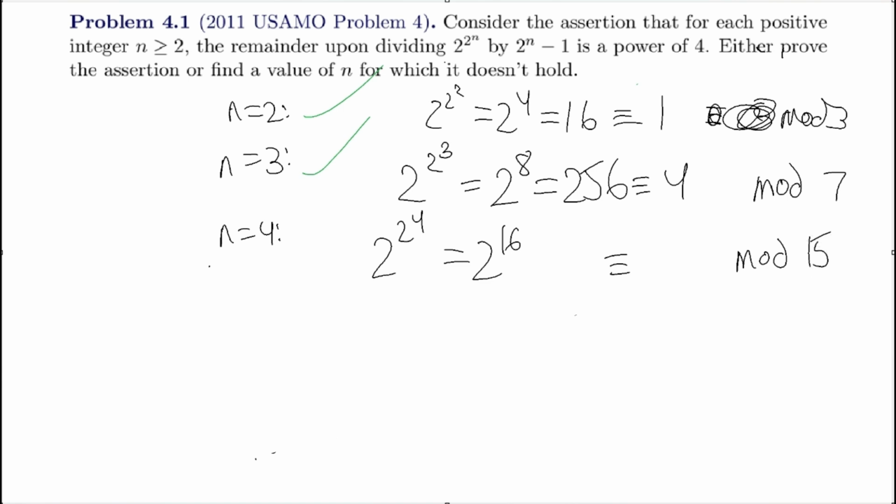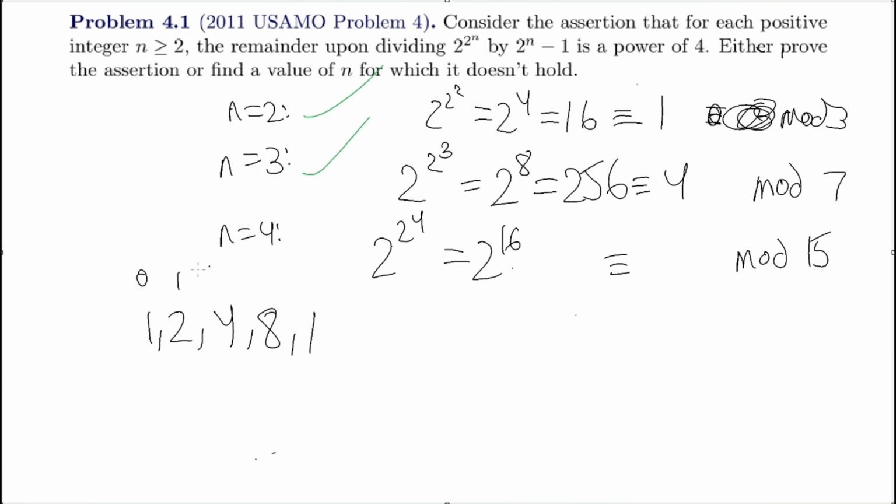So let's just go through each factor of 2 on its own. So we go 1, 2, 2 times 2 is 4, 4 times 2 is 8, 8 times 2 is 16, but we can simplify this mod 15, and we end up getting 1. And at this point, we just note that we got back to where we started.